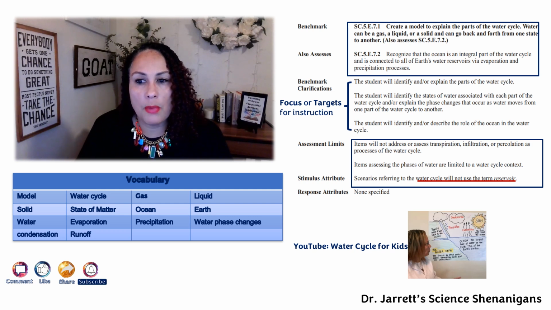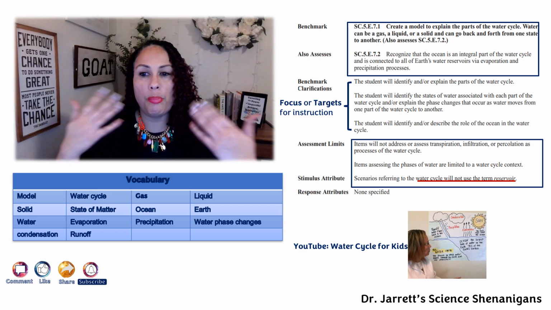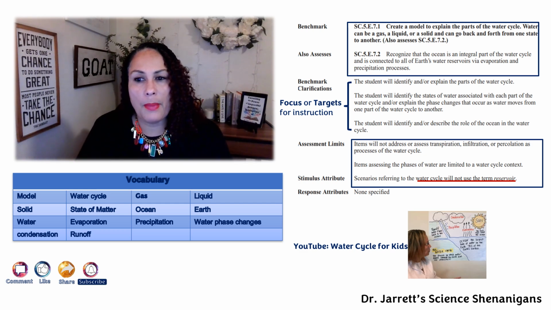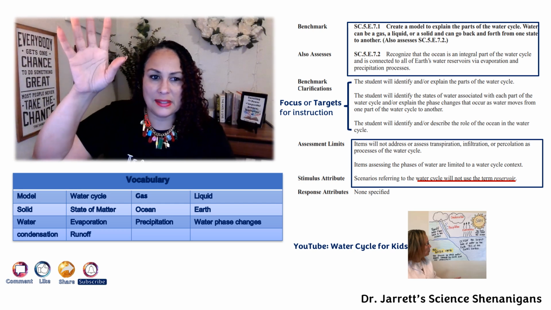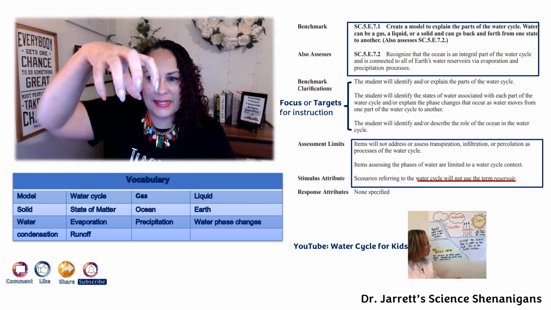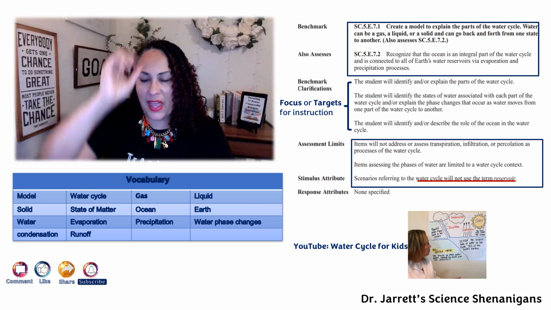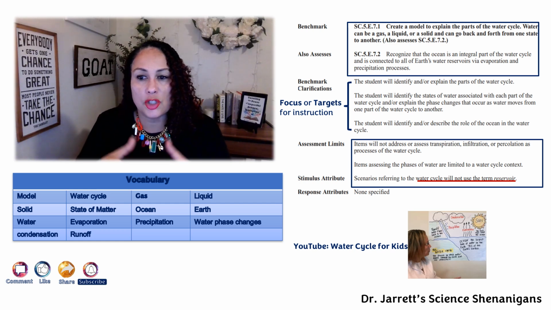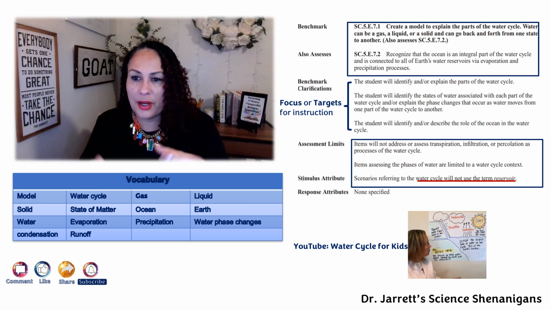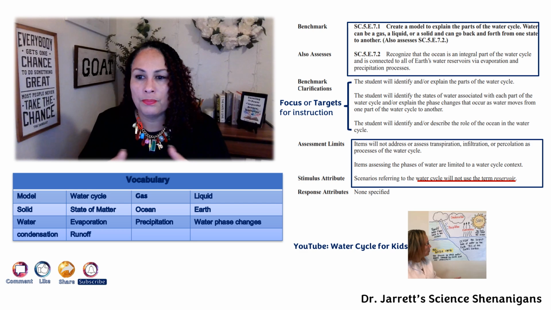They will need multiple examples of models, so different pictures. So there might be a picture of a fish tank, and then it has some ice in a cup on the top of that, and then it shows precipitation. It could be a terrarium where it has sand and soil at the bottom, and then a little cup of water in an enclosed area.